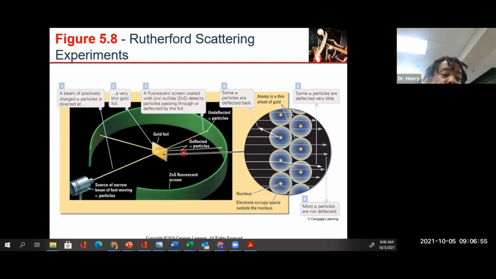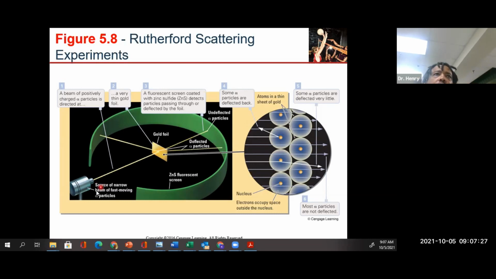You guys ever play with a magnet? Two positive ends don't attract, right? They actually repel. So if we have two positive things coming together, they repel each other, and that leads to a deflection. So what he saw was that by shooting these positive particles at the gold foil, there were areas that would deflect the beam, which means your positive charge was centralized, right?